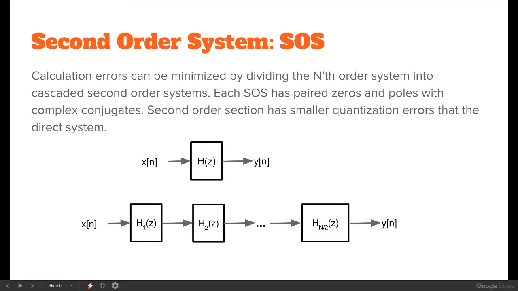So you don't have any room for error anymore with that kind of system. But if you keep it as cascaded second order systems, you keep these coefficients within the same order of magnitude, so you don't get that many calculation or quantization errors.